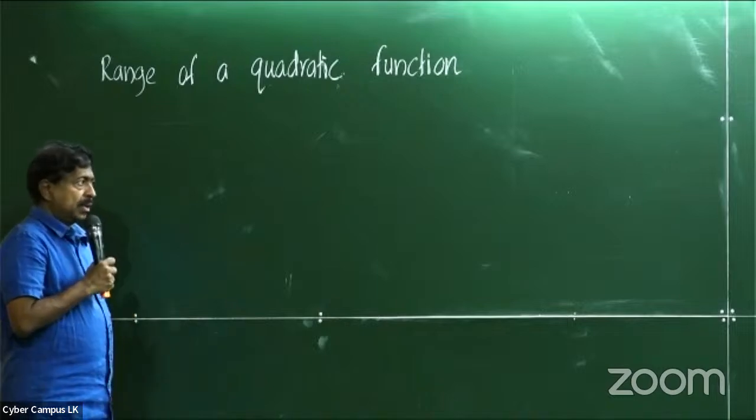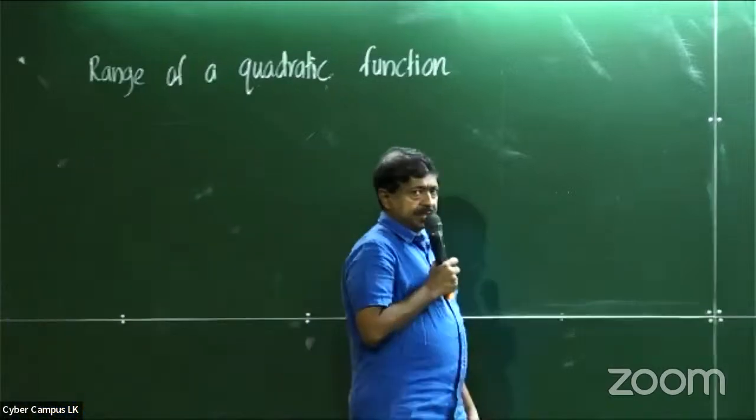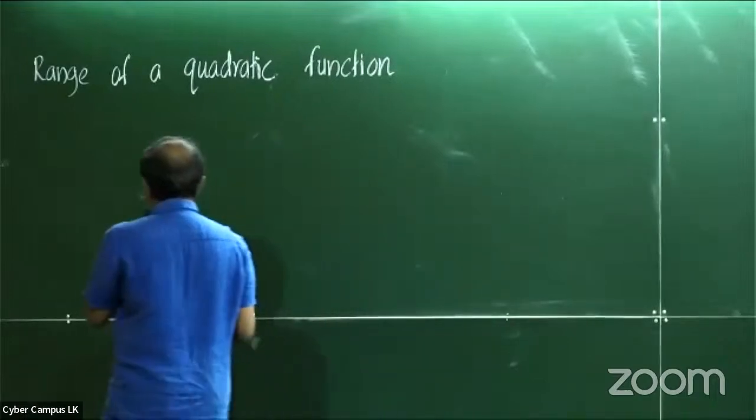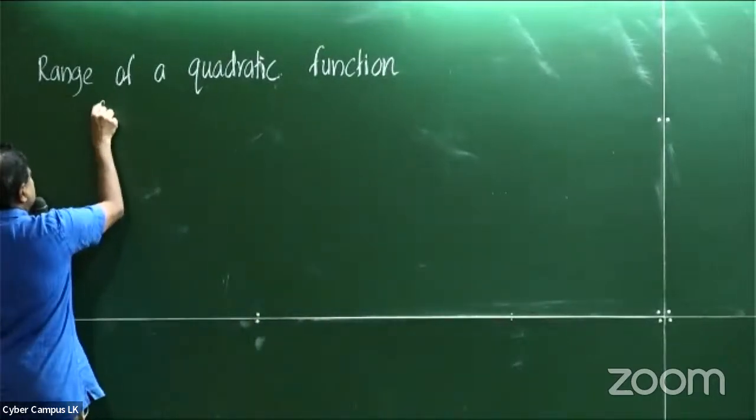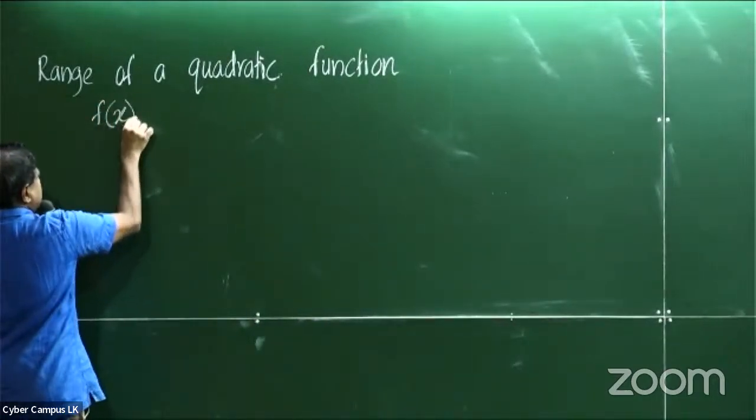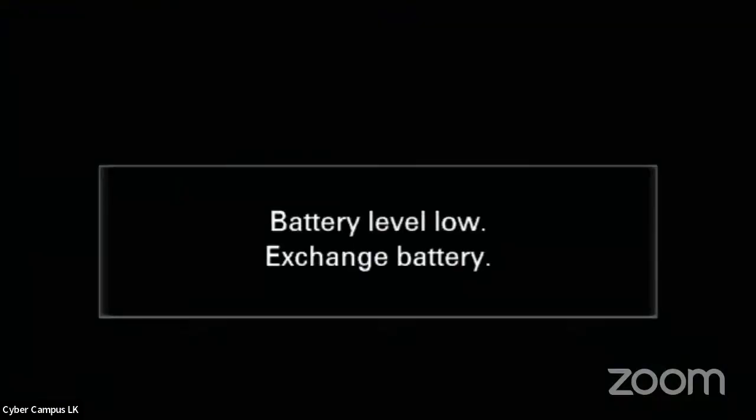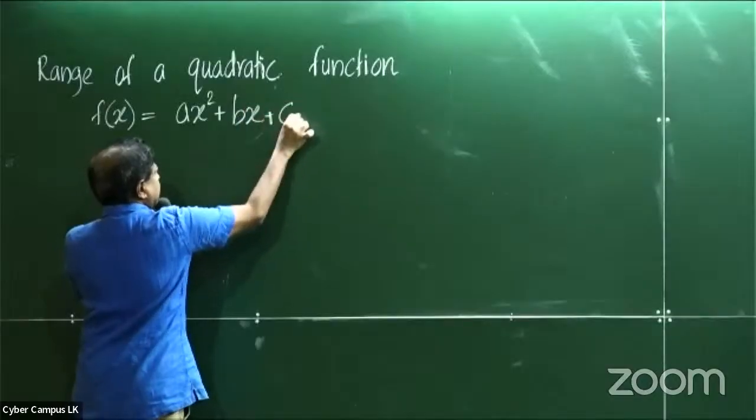Okay. Range of a quadratic function. We can take the function in its general form: ax squared plus bx plus c.